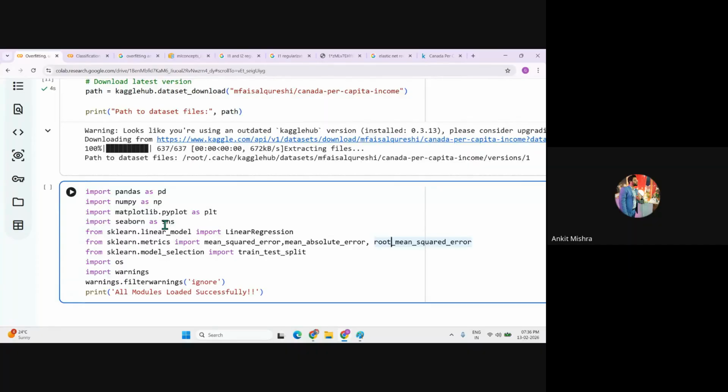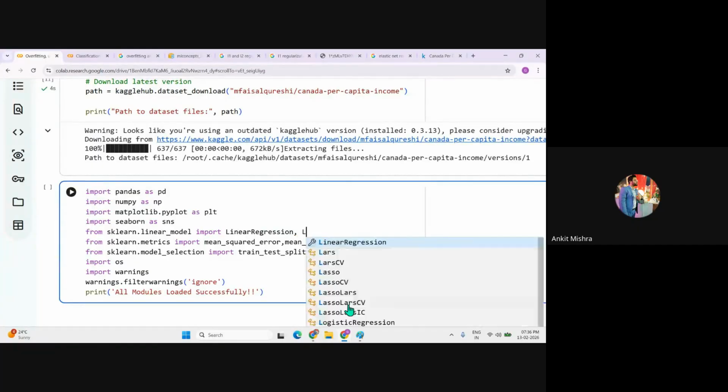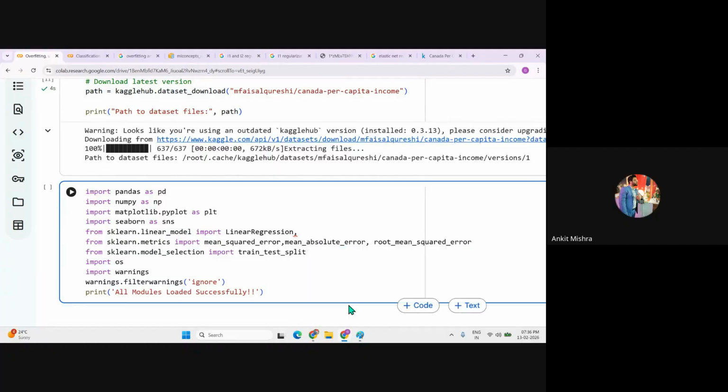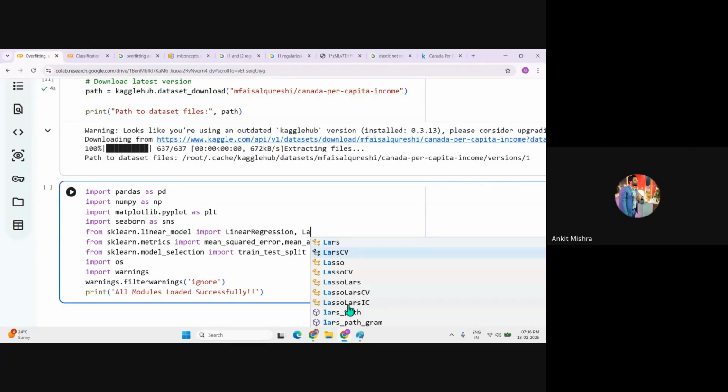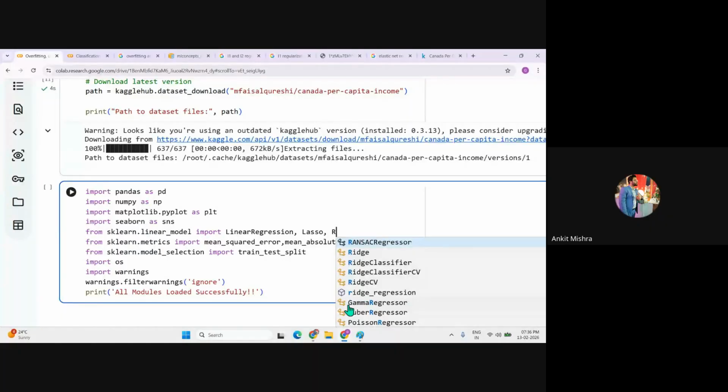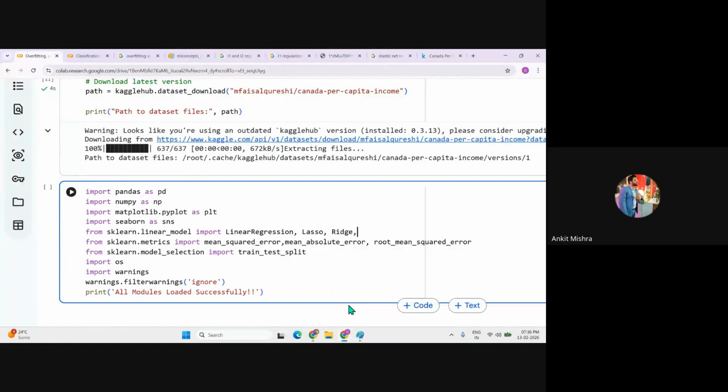Now, how do we import the L1 technique, the L2 technique, and the regularization techniques? All of these fall under the linear model concept. So we call from sklearn.linear_model import LinearRegression, and also Lasso, then Ridge, and third ElasticNet.